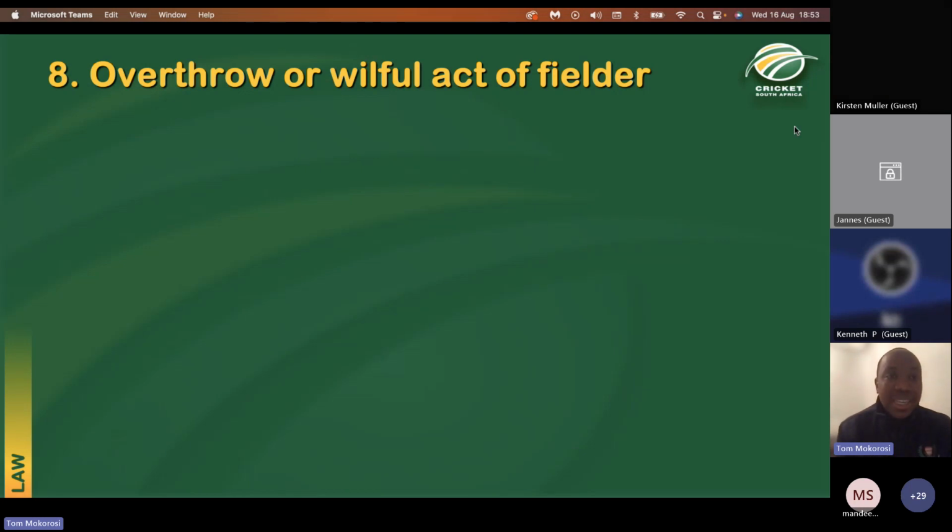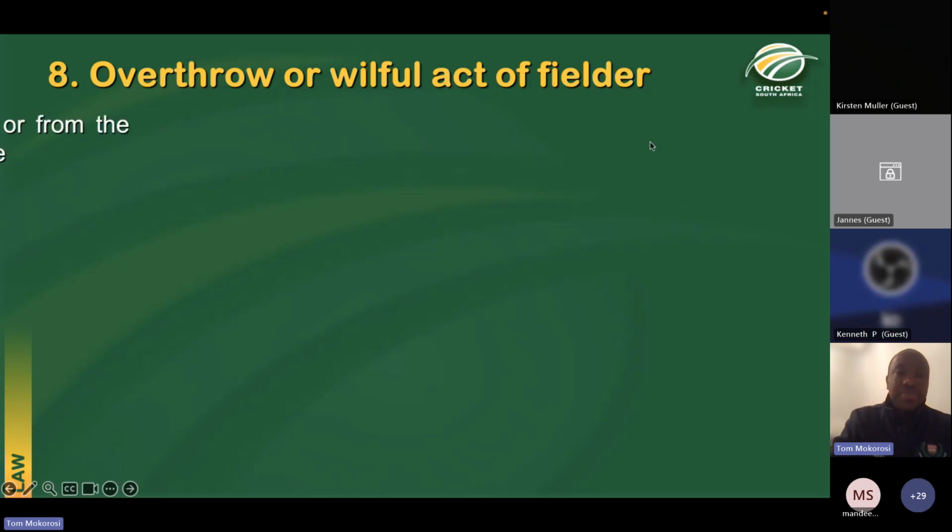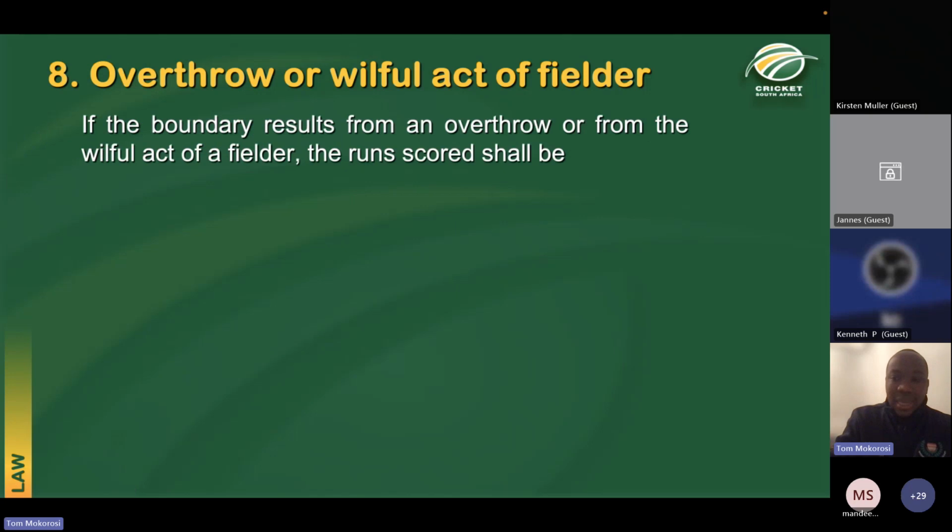The ball either hits the wickets or hits the batter or misses everything and goes so far past the stumps that the batters are able to run again. So that is an overthrow. How in law do we handle this? And especially if the ball then crosses the boundary after the throw.